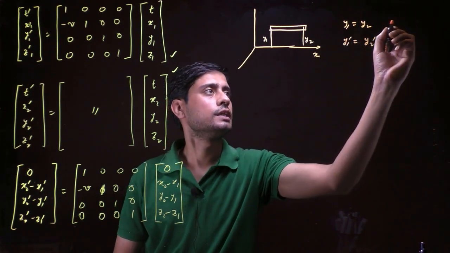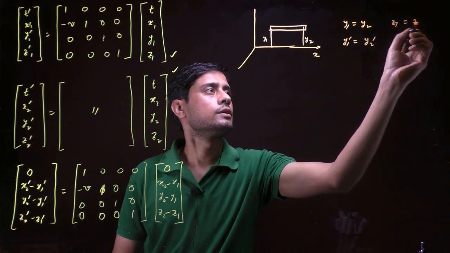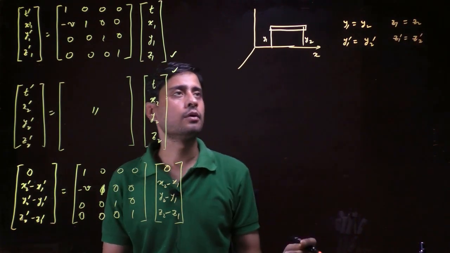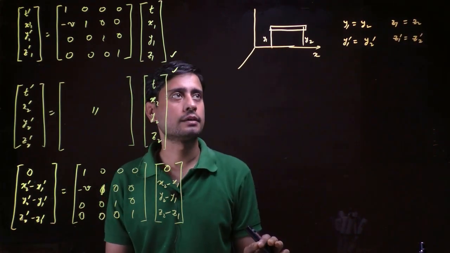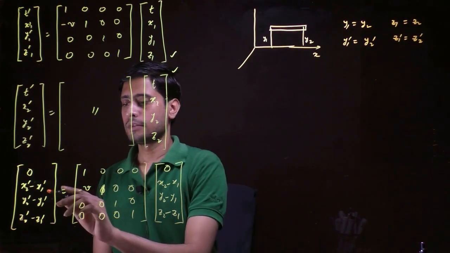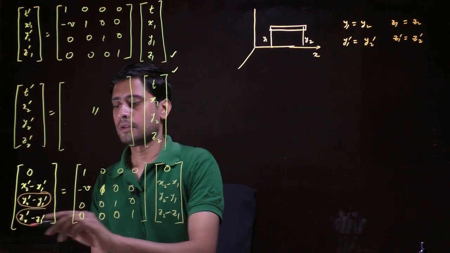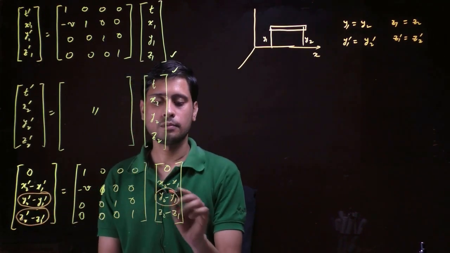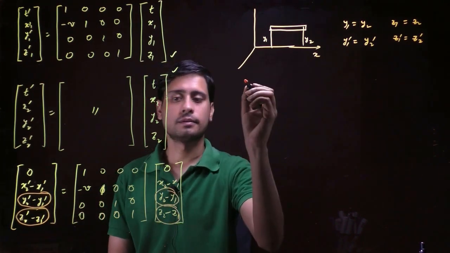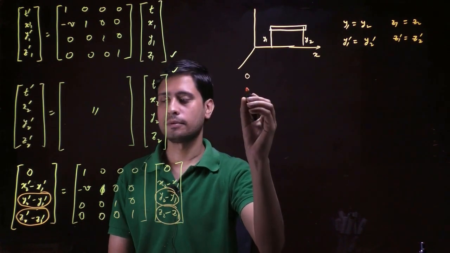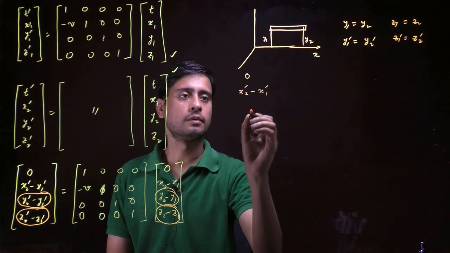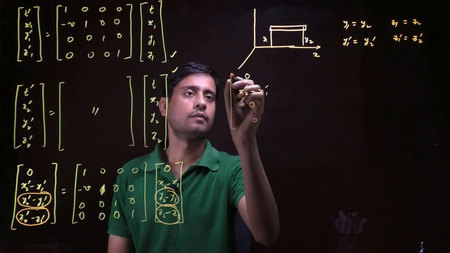The same goes for z1 equals z2 and z1 prime equals z2 prime, because the rod has been placed parallel to the x-axis. So these differences will become 0. So we will write it as 0, x2 prime minus x1 prime, 0, 0, all the others will be 0.